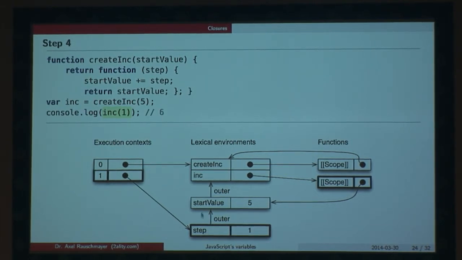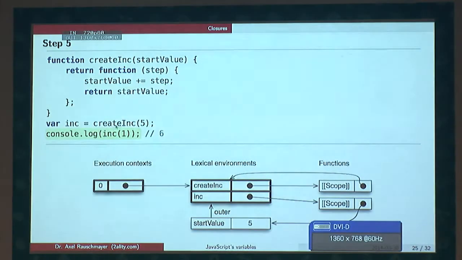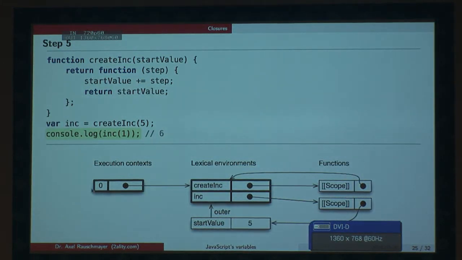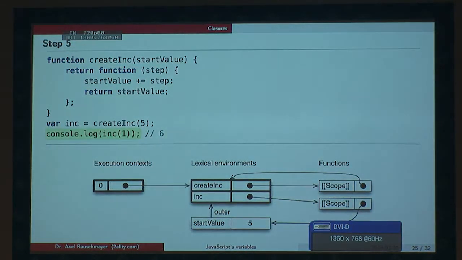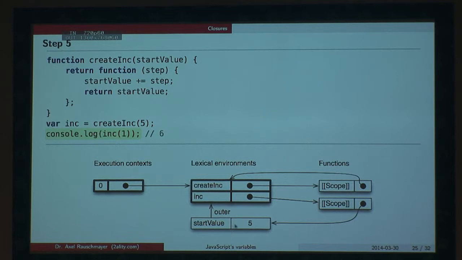We don't need it anymore, but startValue stays all the time, which is why we always have the current value in here, while we remember the past by startValue. And now we're back from this function call. We're back, the stack is small again. The global scope is active, and we're almost back where we were at the beginning, but startValue has changed.